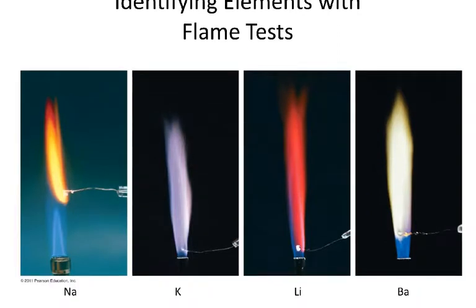You can see that different metals give off characteristic colors. So sodium glows orange, which is why if you've ever had a pot of water for pasta that you added salt to boil over, it turns the burner on your gas stove orange. That's from the sodium. And then potassium's purple, lithium's red, barium is kind of a yellow.